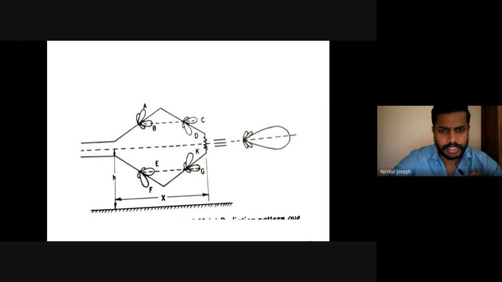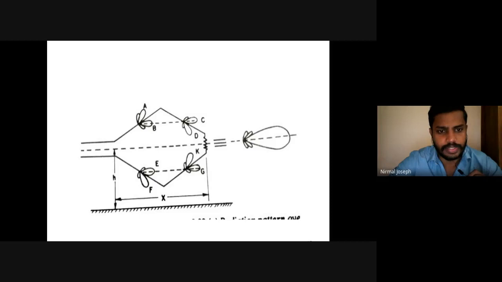So here you can see A, here A, C, K, and E. You can see individual radiation patterns of 4 elements. Okay, these 4 elements will be having individual radiation pattern, and the sum of these individual radiation patterns will be the resultant. Okay, in that what we can see? We can see that here the individual radiation patterns were having considerable side lobes.